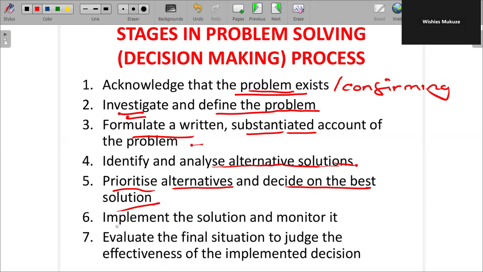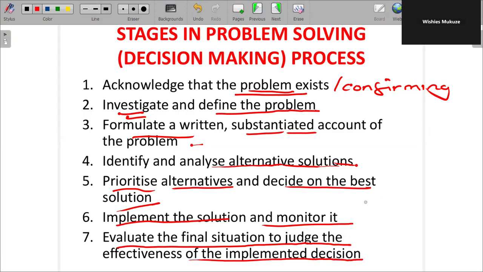And then number 6, you implement the solution and monitor it. Once you have implemented and monitored the solution, you are supposed to evaluate the final solution to judge the effectiveness of the implemented solution.